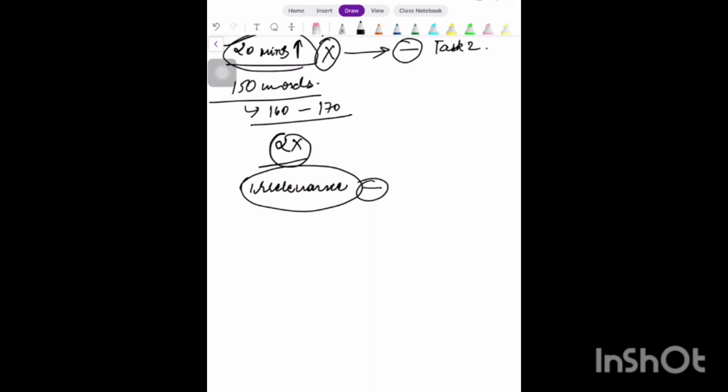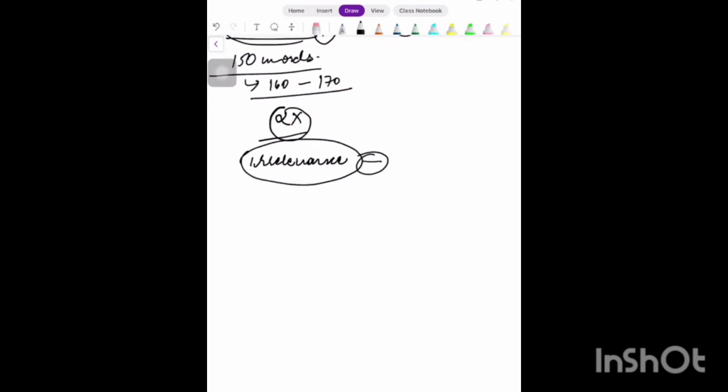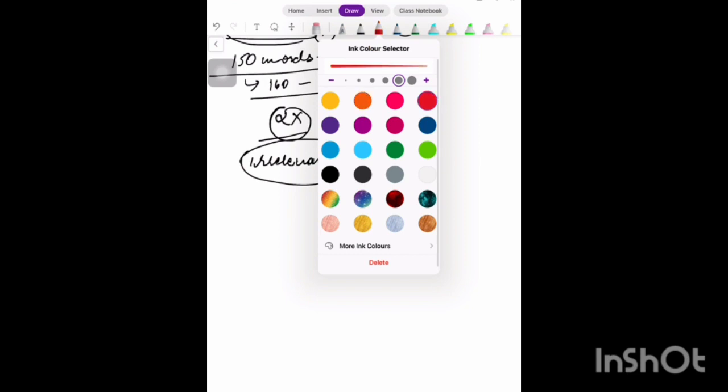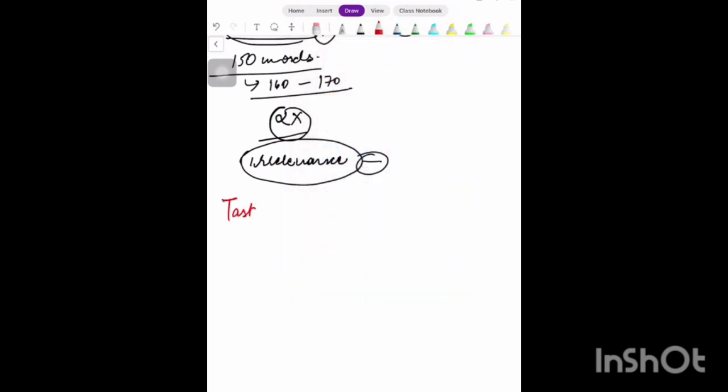Okay, now very important, we'll talk about task focus. So task focus is what actually is the aim of this task.